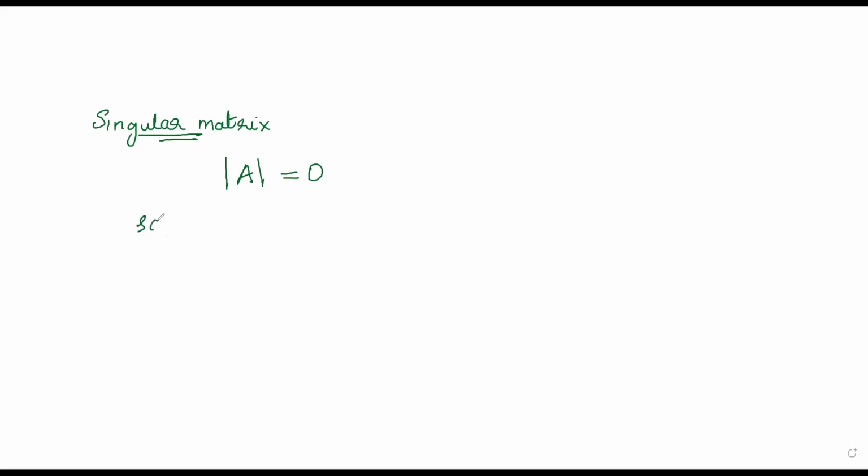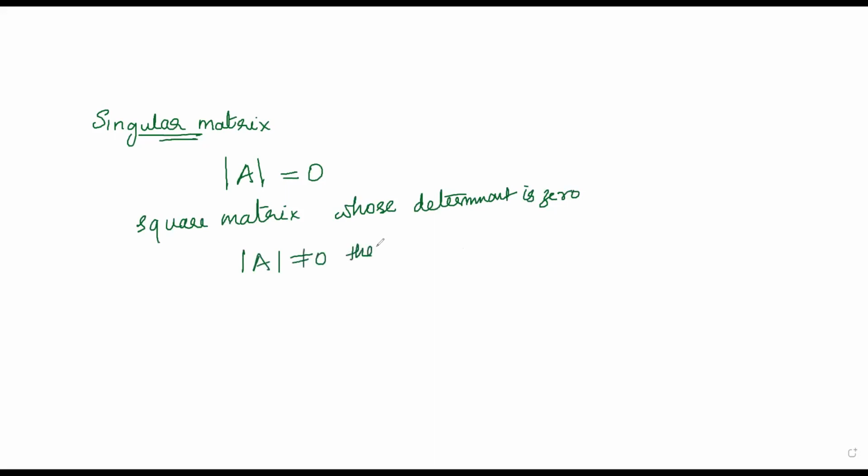If the determinant is not equal to 0, then it is non-singular. So for checking whether a matrix is singular or non-singular, you just have to take the determinant and see whether the determinant is 0 or not.